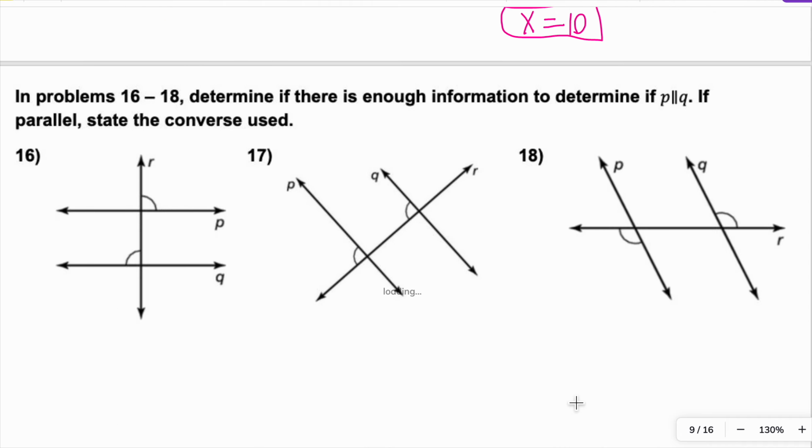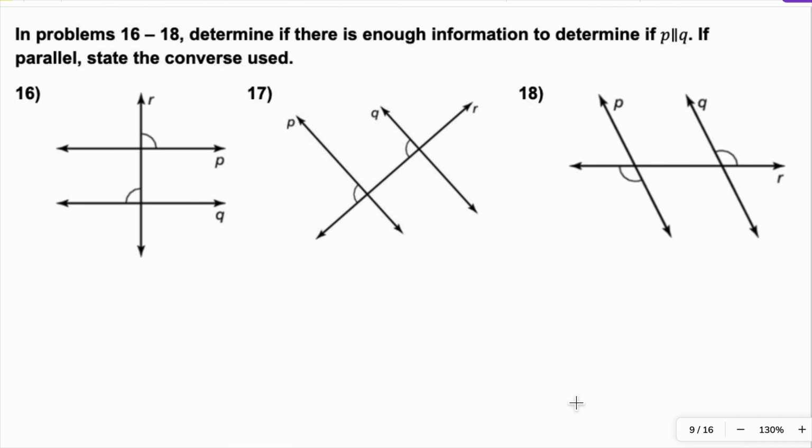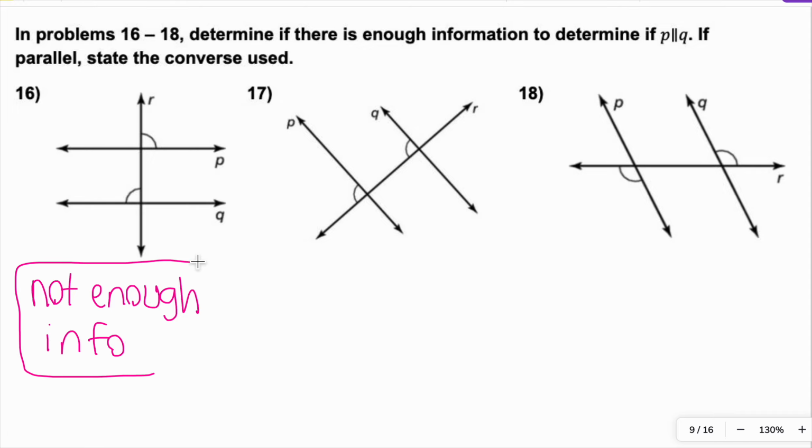Okay. 16 through 18, determine if there's enough information to determine if P is parallel to Q, and if they are parallel, state the converse used. For number 16, there is not enough information. These two angles are not alternate interior or alternate exterior. It's almost like they combined alternate interior with exterior.